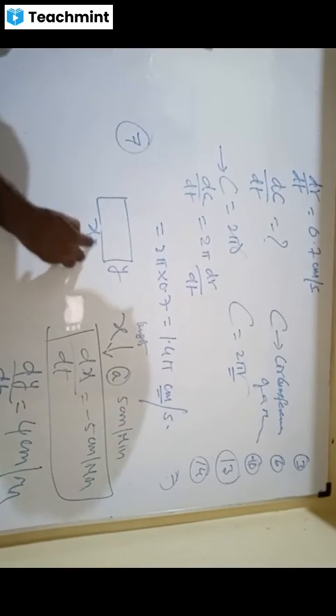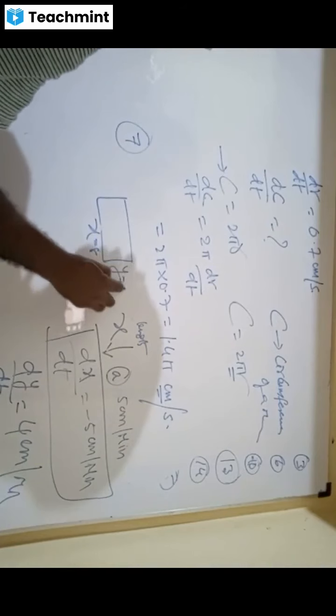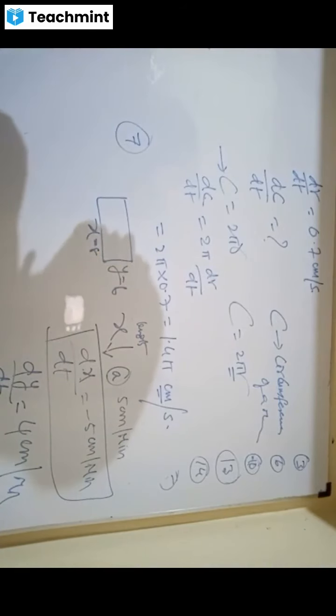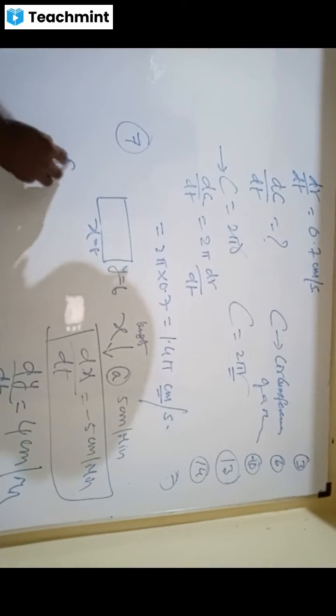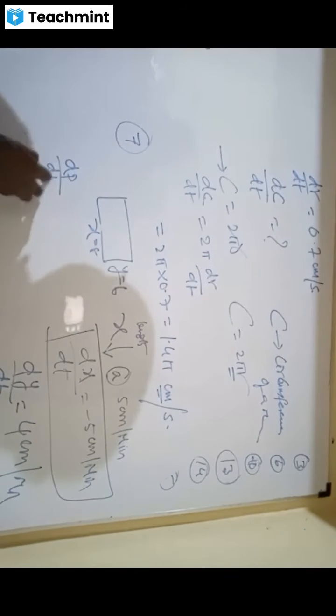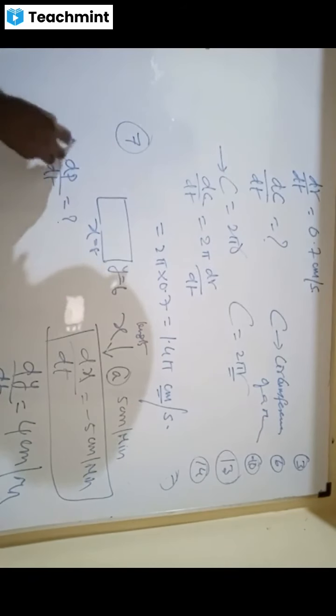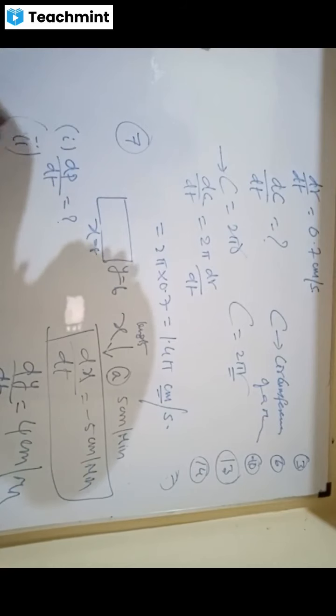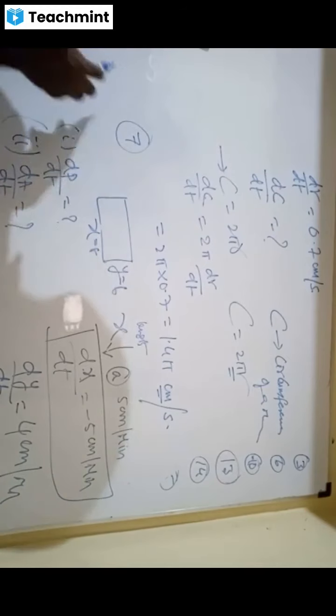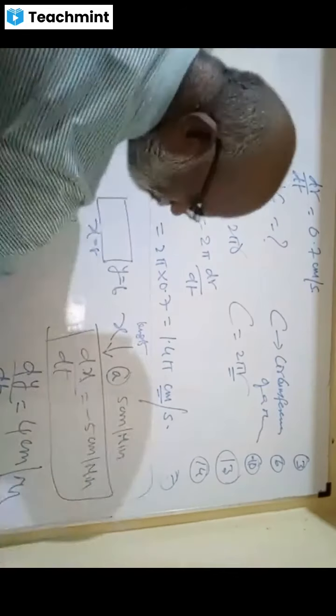When x equal to 8 and y equal to 6, find the rate of change of perimeter dp by dt is the first question. Second question is the area of the rectangle, dA by dt. We do both. This is how the question is framed.